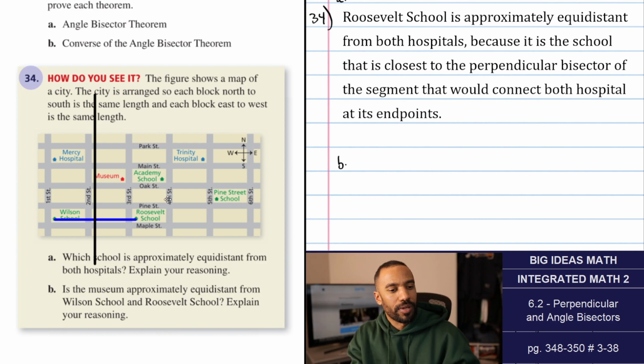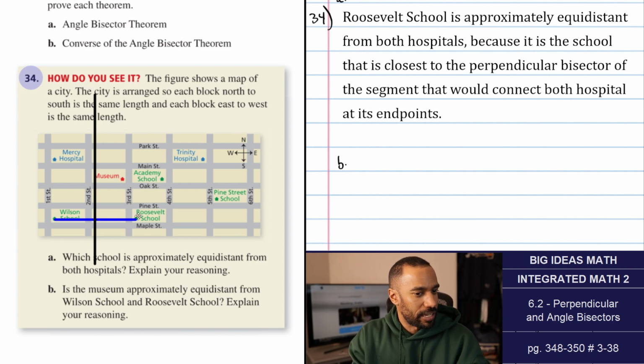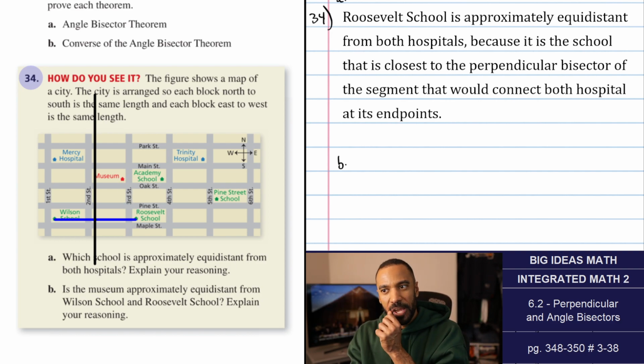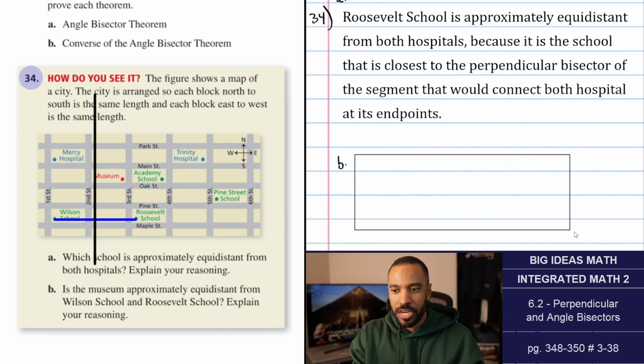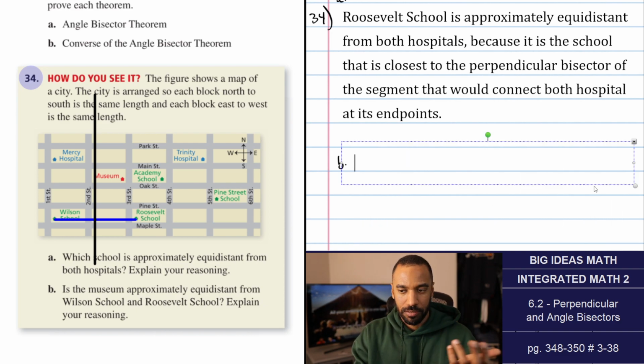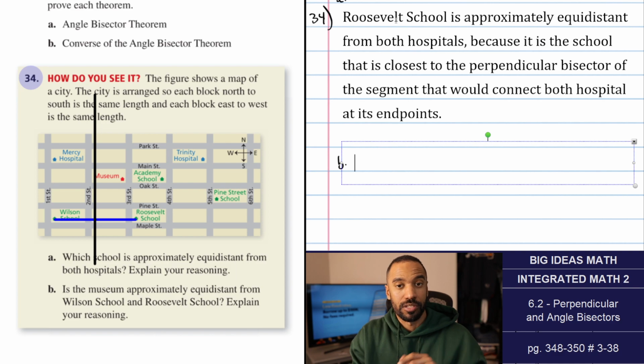The museum does not really look like it's near that perpendicular bisector, right? The other one just asks what is nearest, kind of.